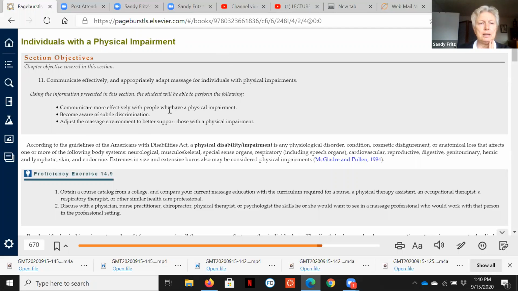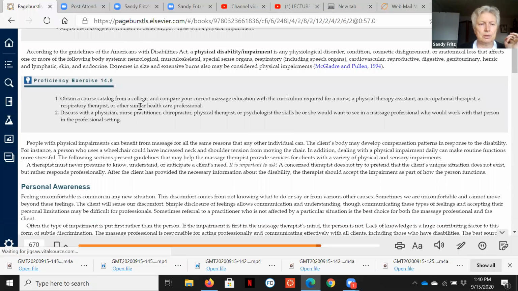Or somebody that has a visual issue and or hearing. So there's a whole list of things here and how we would adapt to that environment. And I'm going to tell you again, there's no massage protocol for this.